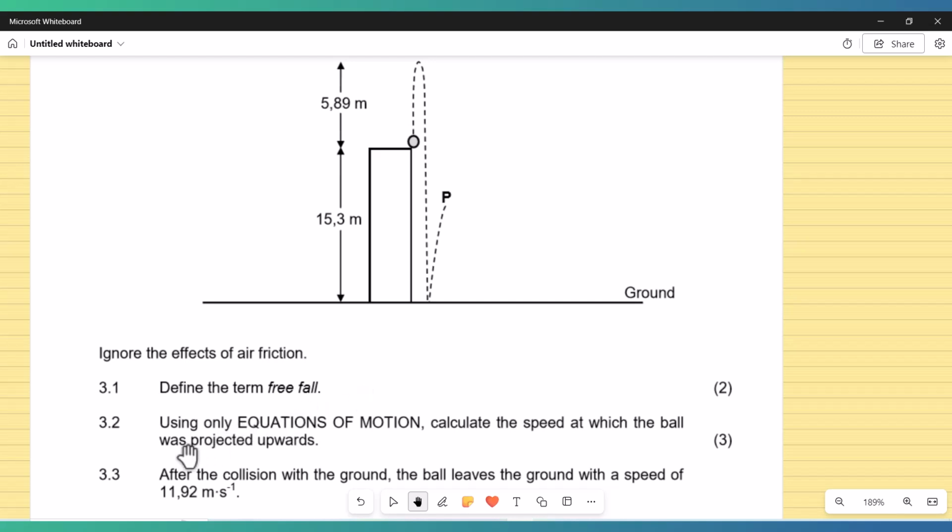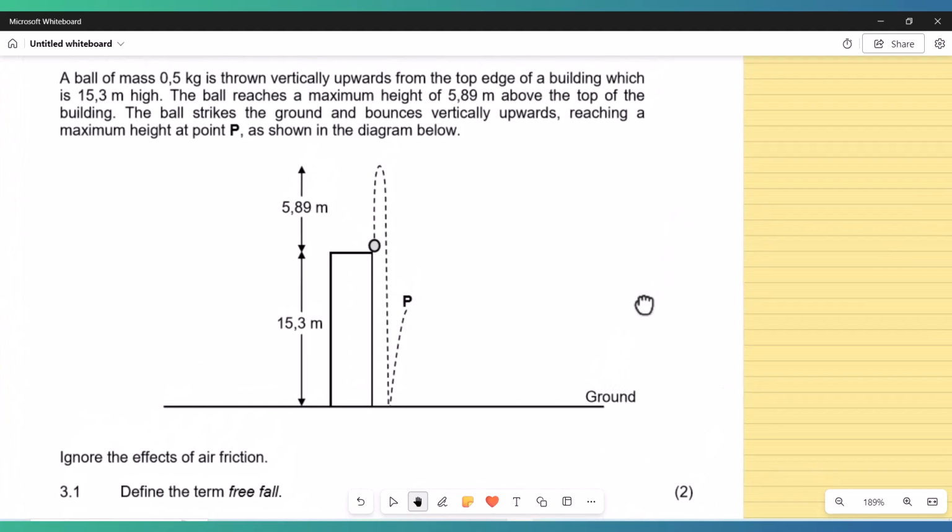Now here they say, using only equations of motion, calculate the speed at which the ball was projected upwards. So we are looking for the V initial.